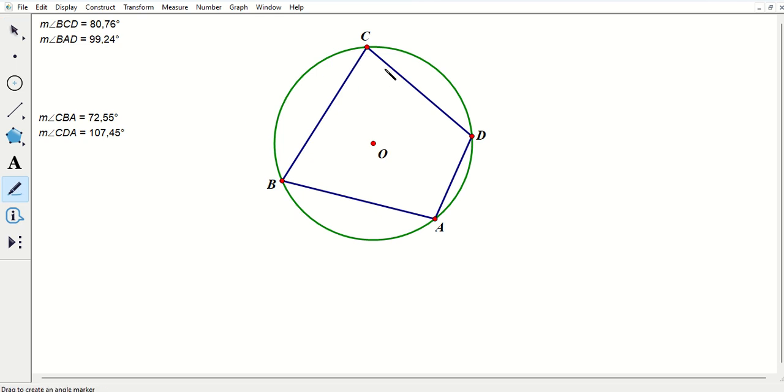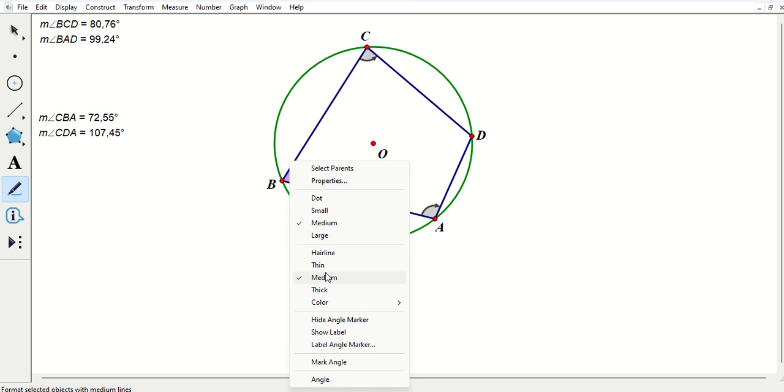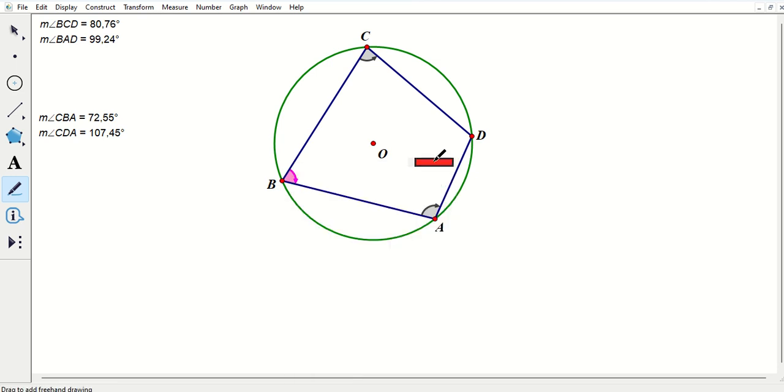I want to mark this angle as gray, this angle is gray, and then this one I want to use red. So here's my color, red. Also mark this one as red. So fine. So the opposite angles are C and A marked as gray, and B and D marked as red.